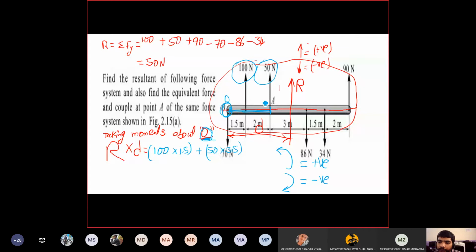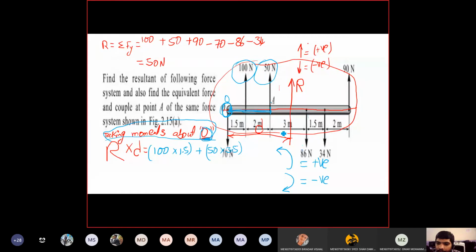Load into perpendicular distance. What about this one? 86 into this one. The load is how much? 86. The distance up to point O. See, I have written this statement here, taking moments about O point. Don't forget this. I have clearly written taking moments about point O. Okay. Now the load is how much? 86.